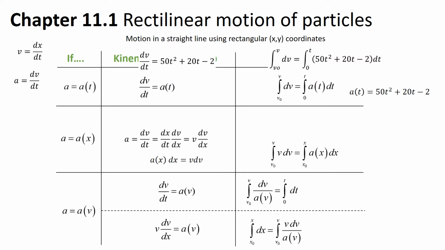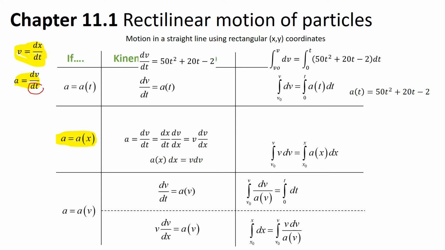Okay, here's the next scenario. We're going to look at acceleration as a function of position. If we come up to our standard definition of velocity and acceleration is dv dt, what we want to do is get rid of our time dependency. Let me grab a different marker here.